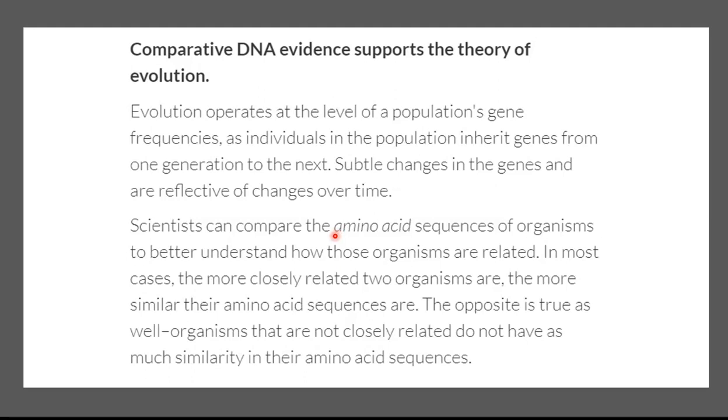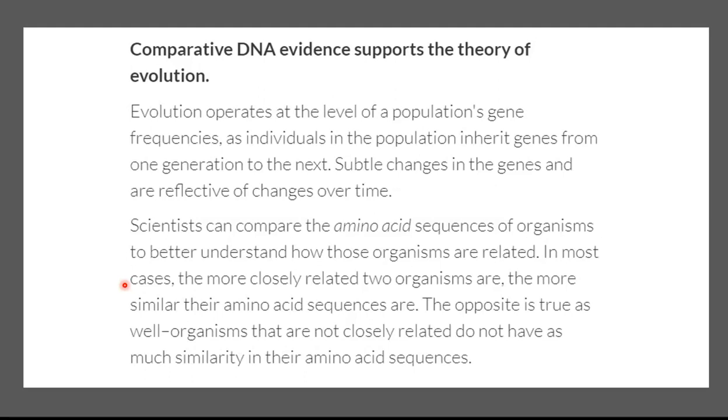So when scientists are studying the amino acid sequences, what they're really studying is the instructions for how a protein gets made, and then comparing those instructions to instructions in other individuals. So in most cases, the more closely related two organisms are, the more similar their amino acid sequence. The opposite is true as well. Organisms that are not closely related do not have as much similarity in their amino acid sequences.